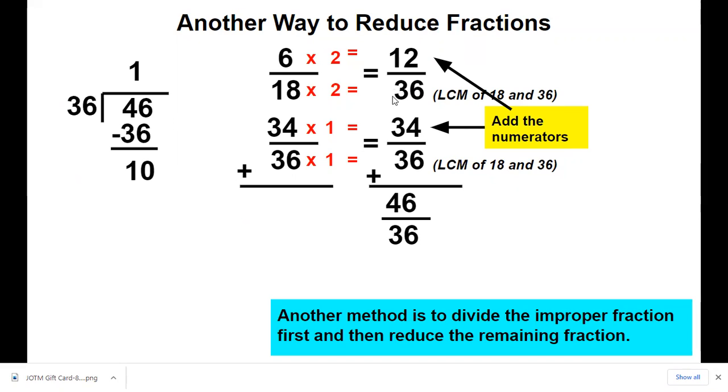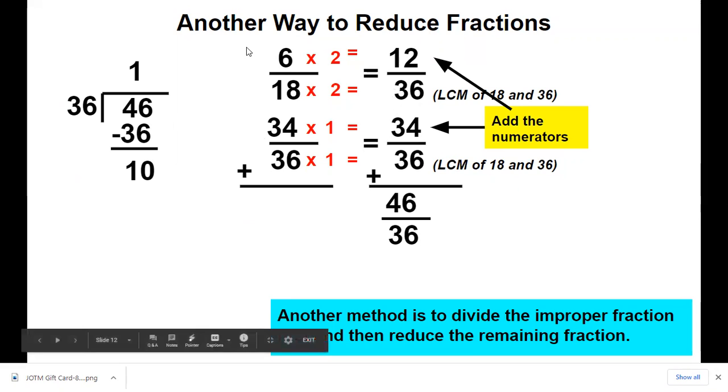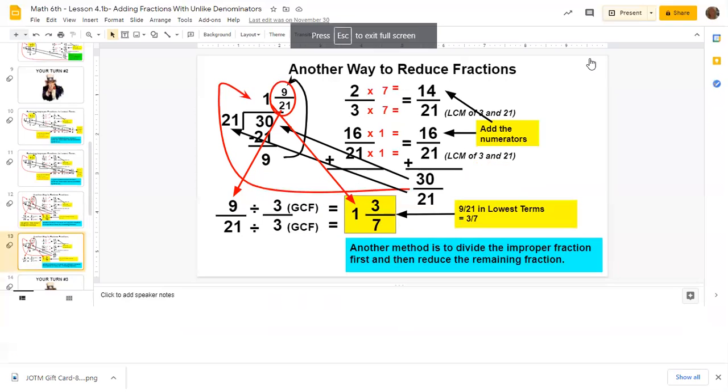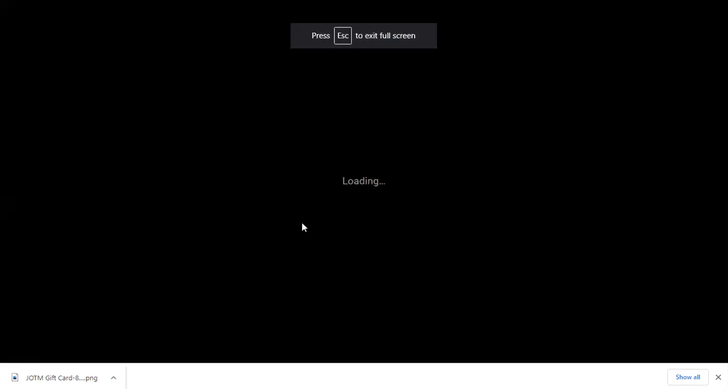Because the same bottom number, but we don't have 46 this time. So let me go backwards. Okay, I'm just going to go on to the next one because that was exactly the same. So I just paused the video for a second to see that it was exactly the same.